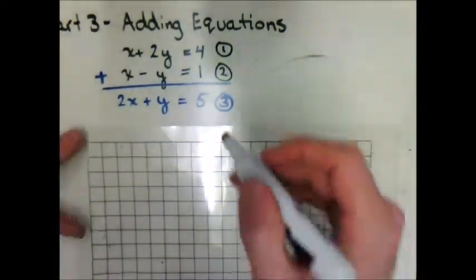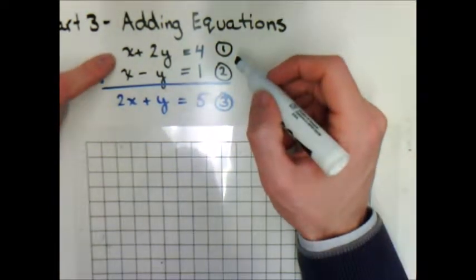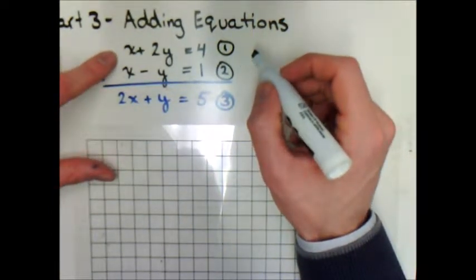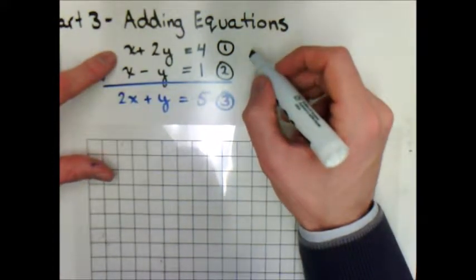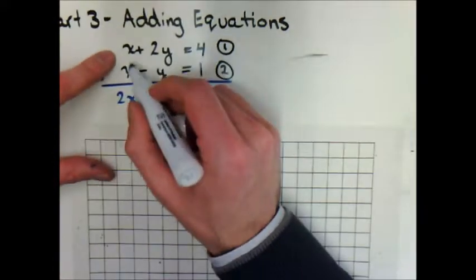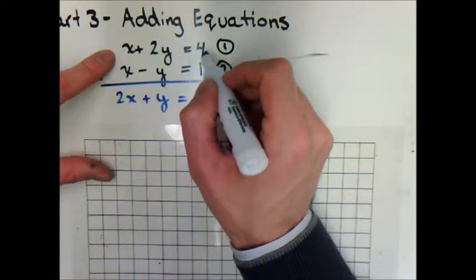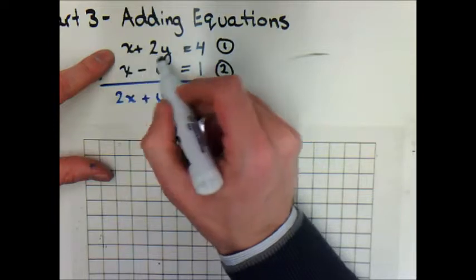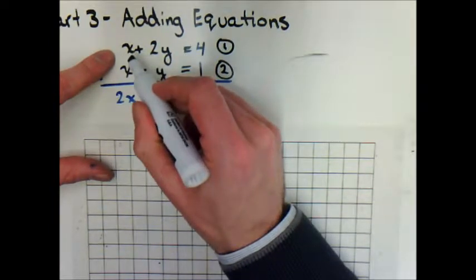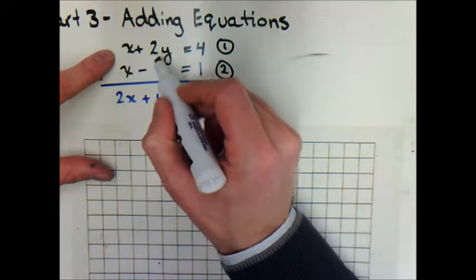Okay, ready? We're going to get each of these lines in the form y equals mx plus b. So number 1 is going to become, I'm going to subtract x from both sides, and then I'm going to divide it all by 2. I need to get y by itself, so I need to first subtract x from both sides, then divide all the terms by 2.